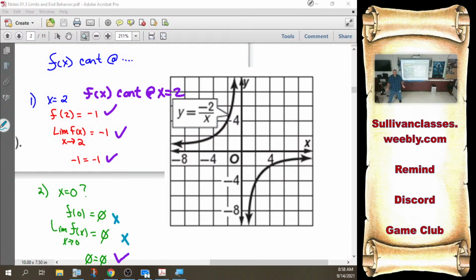It's not continuous. Now I go back up to the top of this slide. Which type of discontinuity was this? The infinite, right? There's a vertical asymptote with an x in the denominator. So I would call this infinite discontinuity at x equals 0.